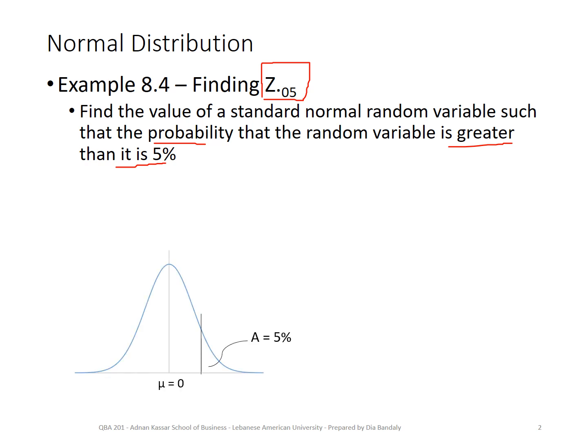We are interested in the area of 5%. So we will call that z as z_0.05. What we can write about that z, as defined, is P(Z > z_0.05) is 5%, which is 0.05. So I want to find the value of z.